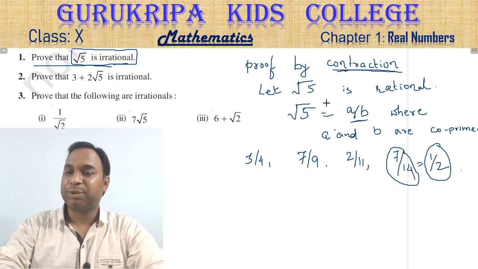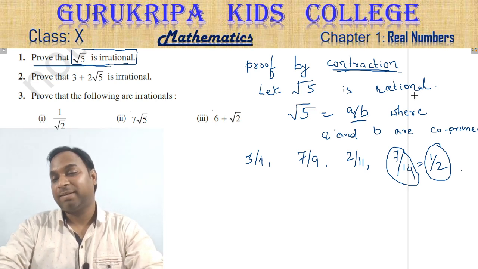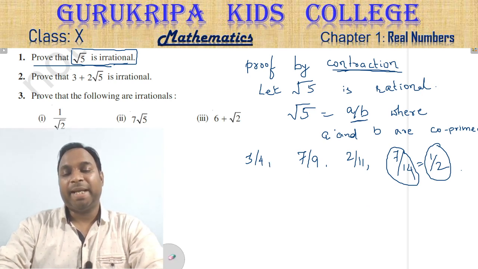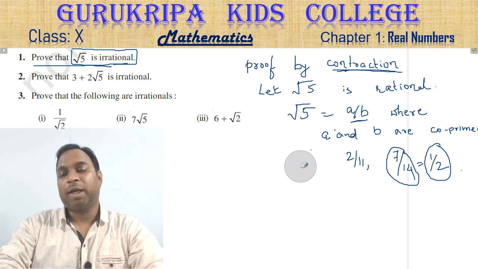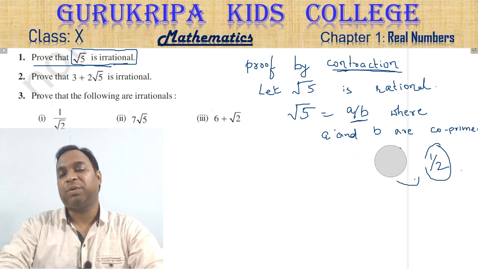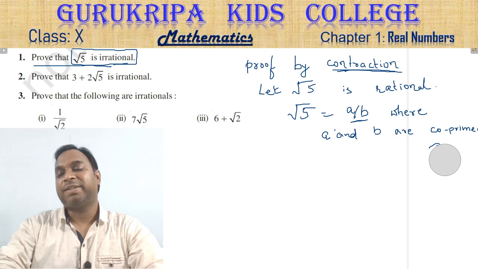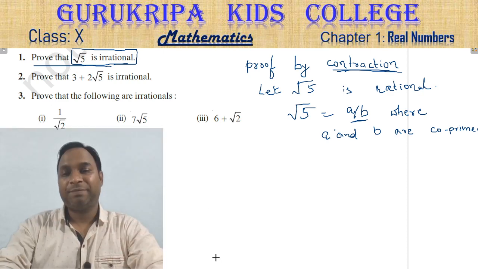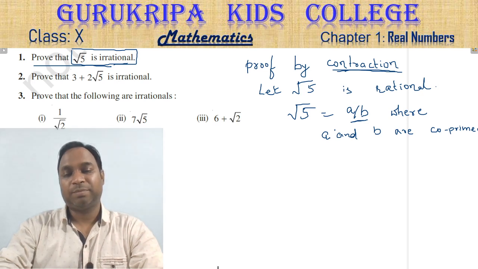Now we have said that square root 5 is rational. We have assumed that when it is rational, then it can be written in this form, wherein both A and B are integers. So A and B are two integers, and square root 5 is equal to A upon B. Fair enough. Then what did we do?